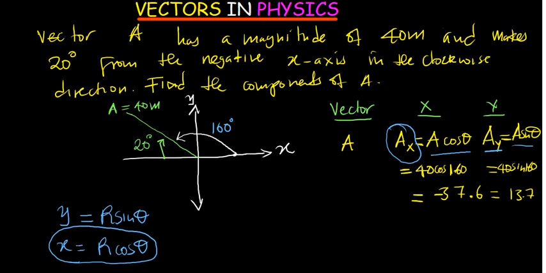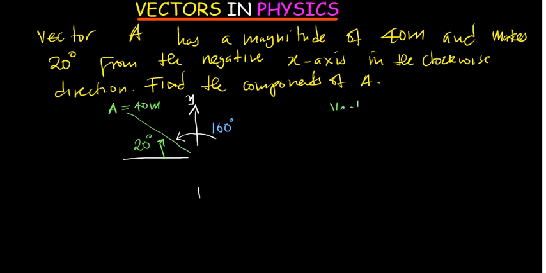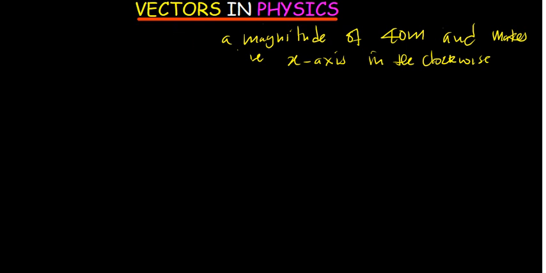So let's say we've been given a vector. Let me not even give the newtons, let me just give the direction. A vector has components: x is equal to negative 20 newtons and y is equal to 30 newtons.